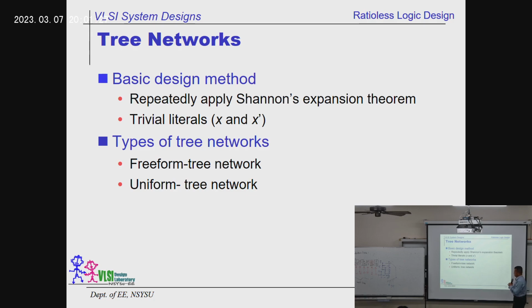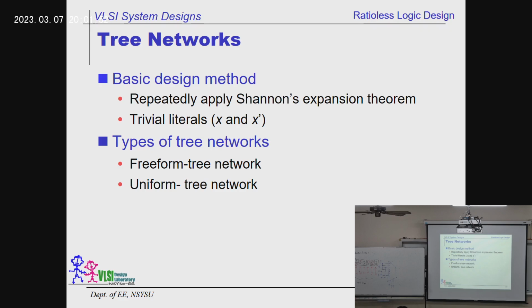Here we see free form and uniform. Just check the name. Free form means that you can do whatever you want. There is no rule for that. But for the uniform way, the uniform tree, there is a special rule. Unfortunately, students don't like it.